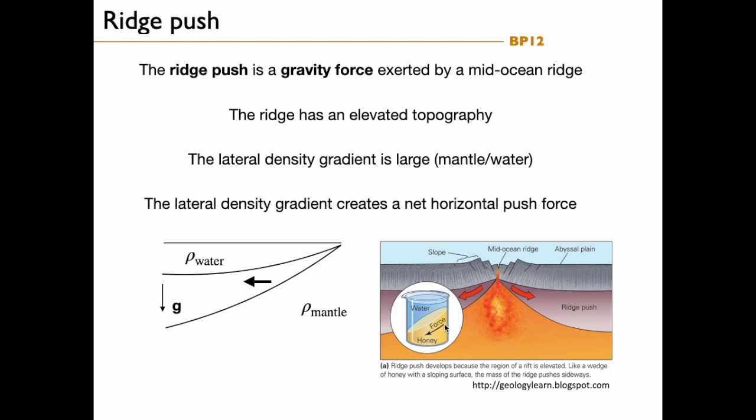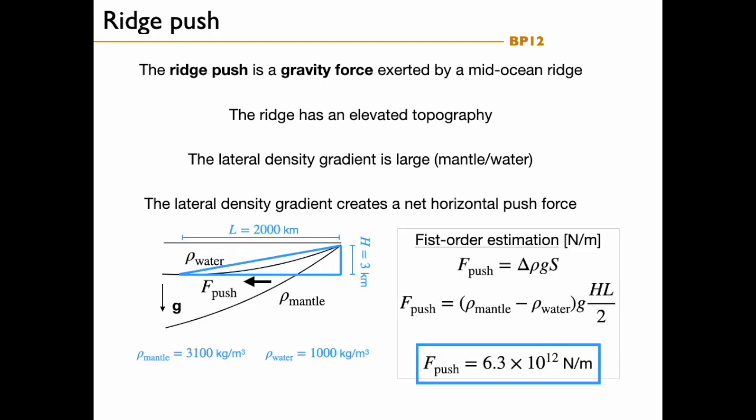So that's an analog configuration to a ridge, where the mantle is being uplifted and is trying to restore its horizontal position at the same time by pushing the plate.